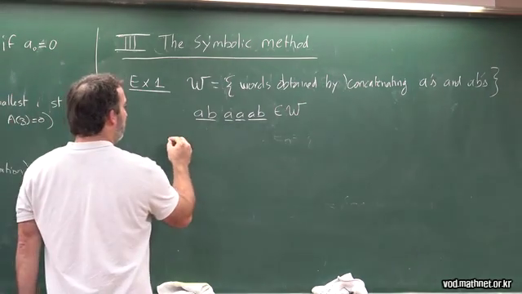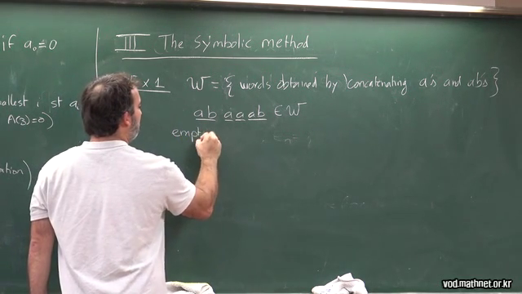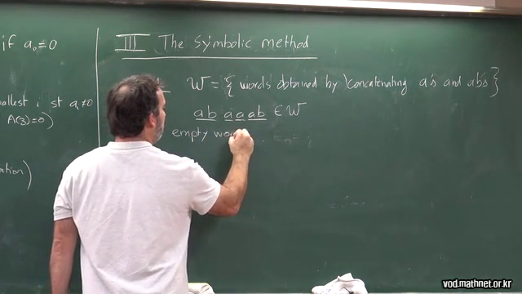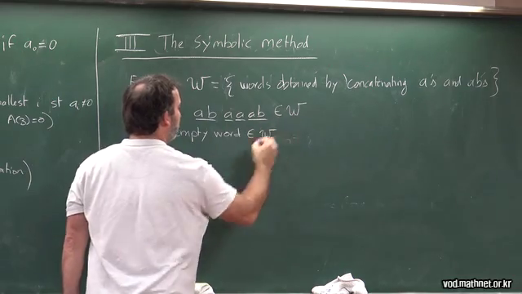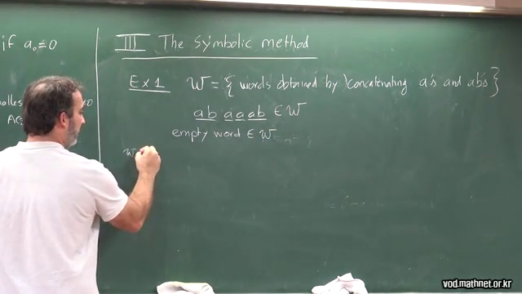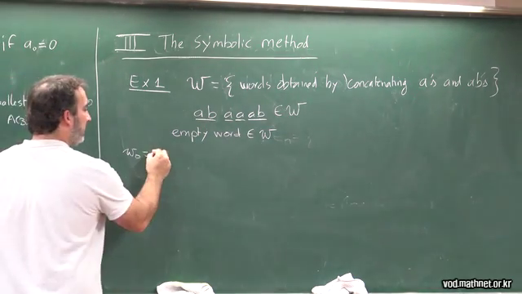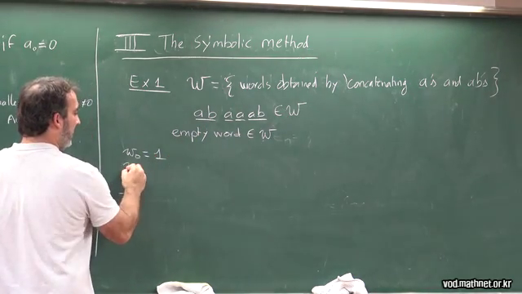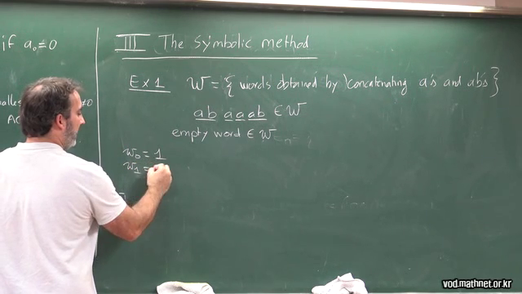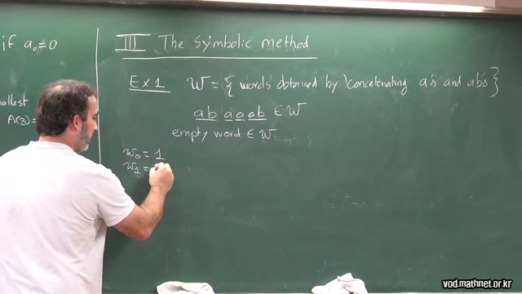I have the empty word, which is a word of length 0, and I consider it is also in W. So the number of elements of W of length 0 is 1, the empty word. Of length 1, you have only A, so it's 1.